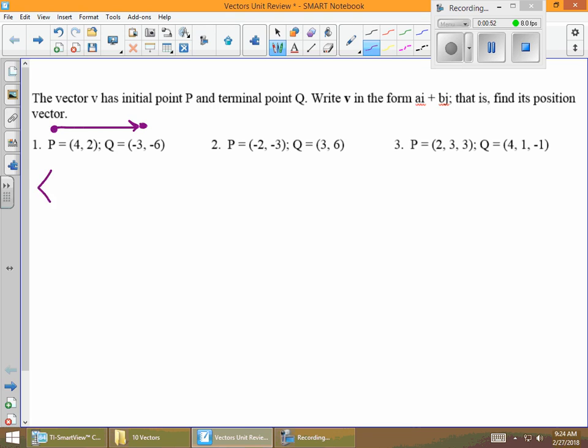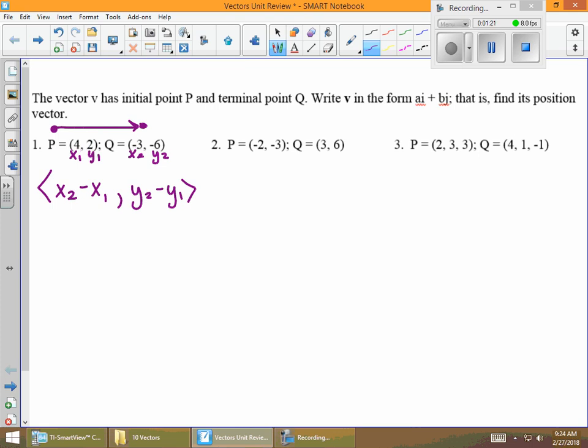If you really want to think about it as a formula, your horizontal component is x2 minus x1, and your vertical component is y2 minus y1. And that makes your horizontal and vertical components of your vector. So if you need to make a note of that, there it is.